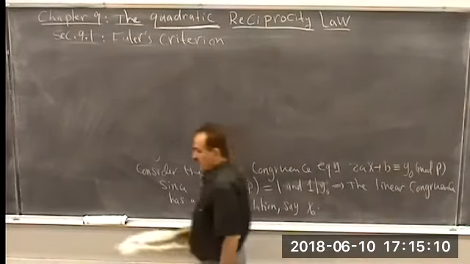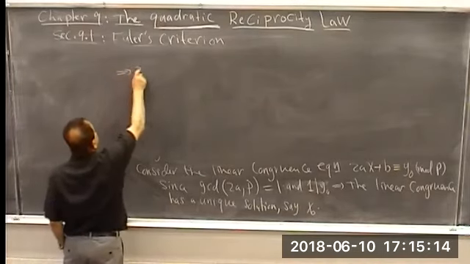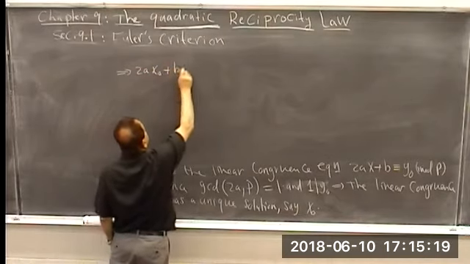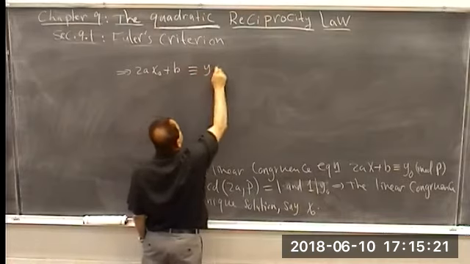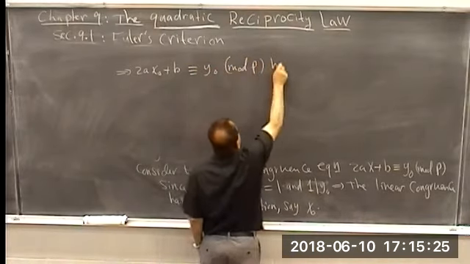So this implies, of course, that 2a x sub 0 plus b is congruent to y sub 0 mod b, this holds.